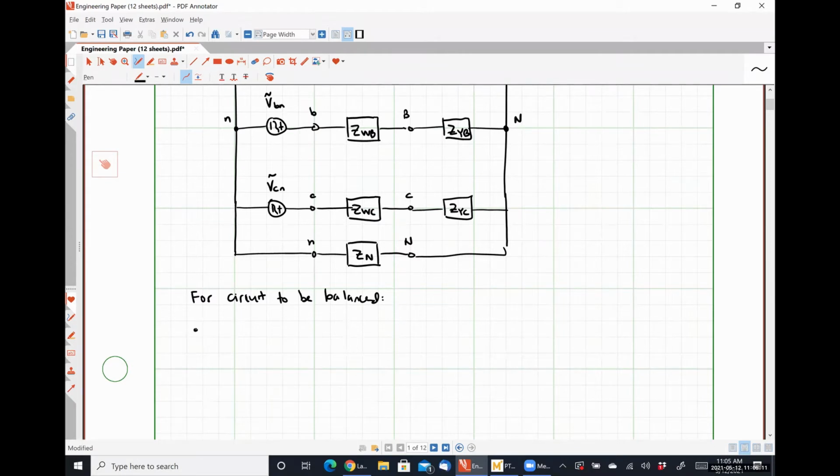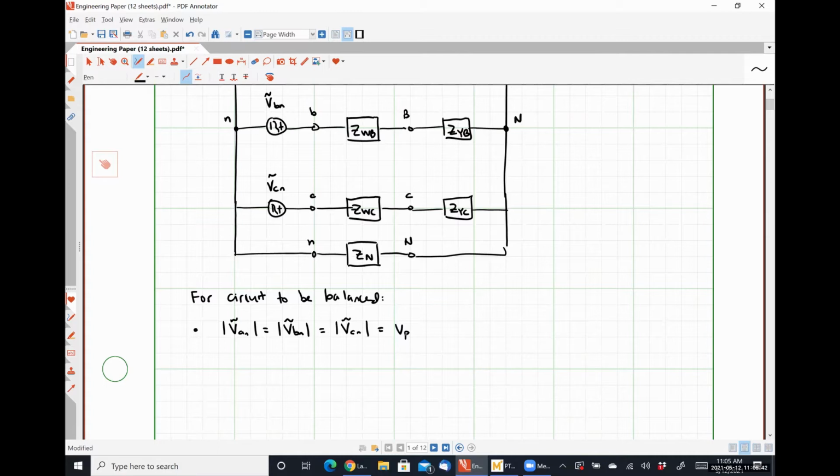So that means that the magnitude of VAN is equal to the magnitude of VBN is equal to the magnitude of VCN. And so we could just as easily refer to all three of these voltage magnitudes as VP, where P stands for phase. So they all have the exact same phase voltage.